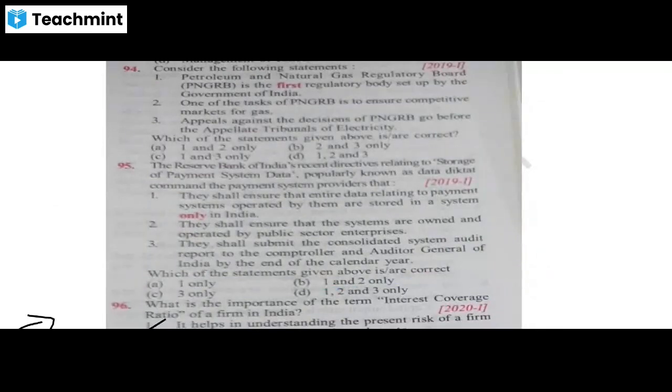Okay. Next question. Here also you can solve the question with a bare minimum idea. Let us see. Here they are asking: the Reserve Bank of India's recent directives relating to the storage of payment system data, popularly known as data diktat, command the payment system providers that, statement 1, they shall ensure that the entire data relating to payment systems operated by them is stored only in India.